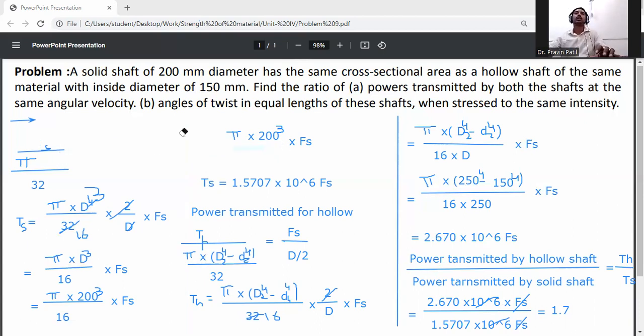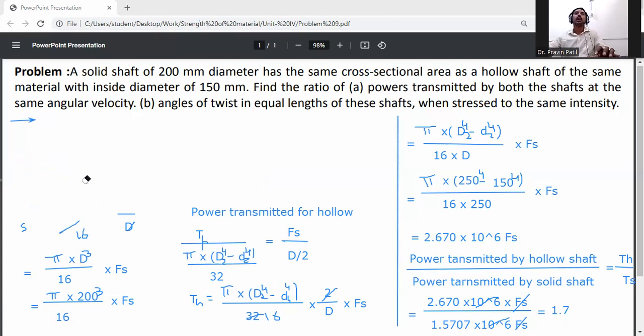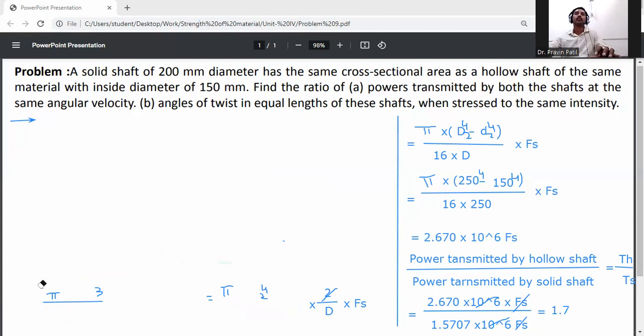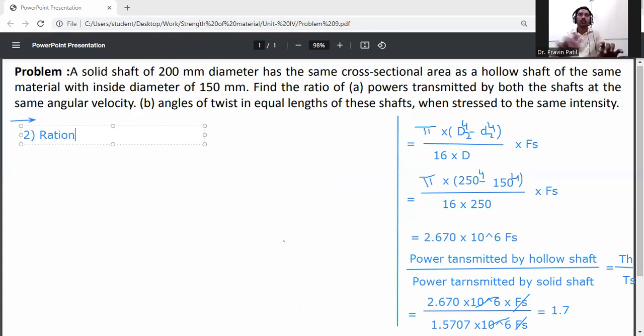Okay. So now we'll solve the second question, the ratio of angle of twist. Angle of twist means theta.